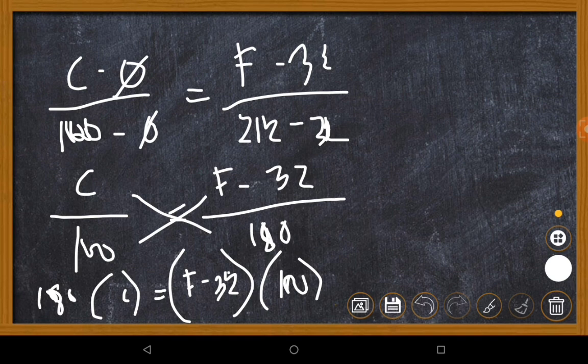Now, to get the formula for Celsius, we need to eliminate this 180 here on the left side. So what we need to do is divide both sides by 180 in order to eliminate this 180.